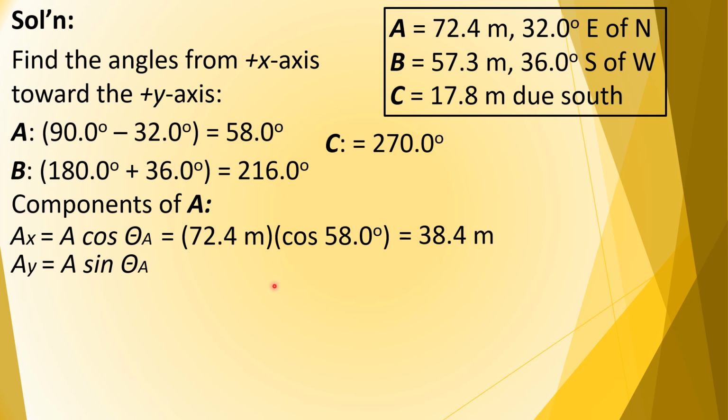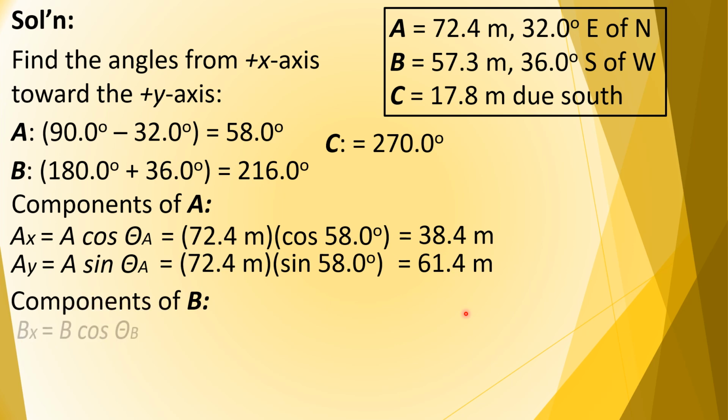Its y component, Ay, is just equal to the magnitude of vector A multiplied by the sine of angle theta A, or 72.4 meters multiplied by the sine of 58.0 degrees, and we get as Ay 61.4 meters.